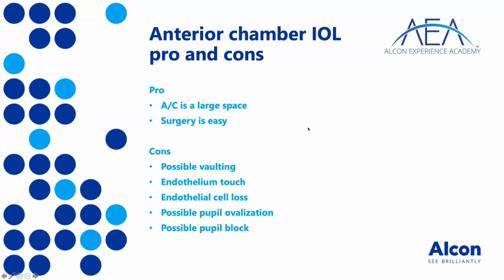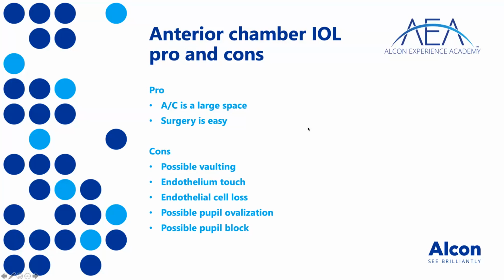This is true as a maneuver as you insert the lens inside the eye, and afterwards, once the lens is there, because the lens tends to sit at the iridocorneal angle, or close to that space, there is a definite possibility that the lens can touch the endothelium, which of course can create endothelial cell loss.